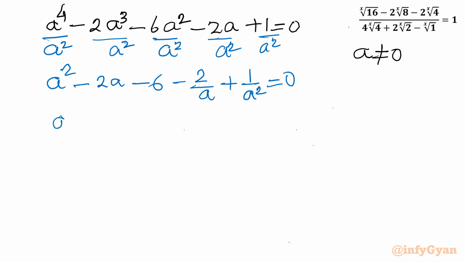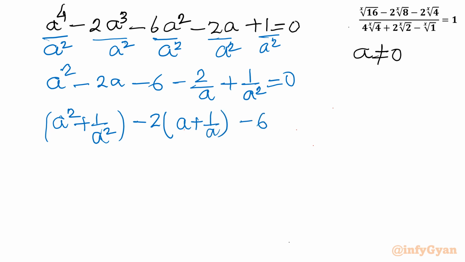After rearranging it, I will write a square plus 1 over a square. Then I will take minus 2 common from the second and second last term, it would be a plus 1 over a. Then we are having minus 6 equal to 0. Now we will substitute a plus 1 over a equal to, suppose, t.